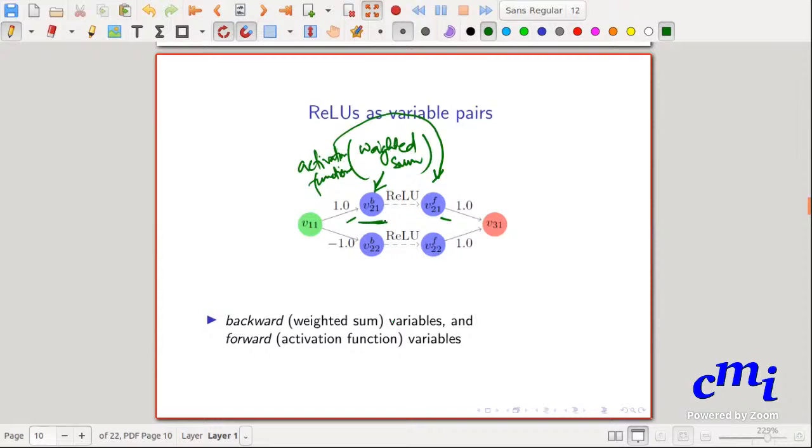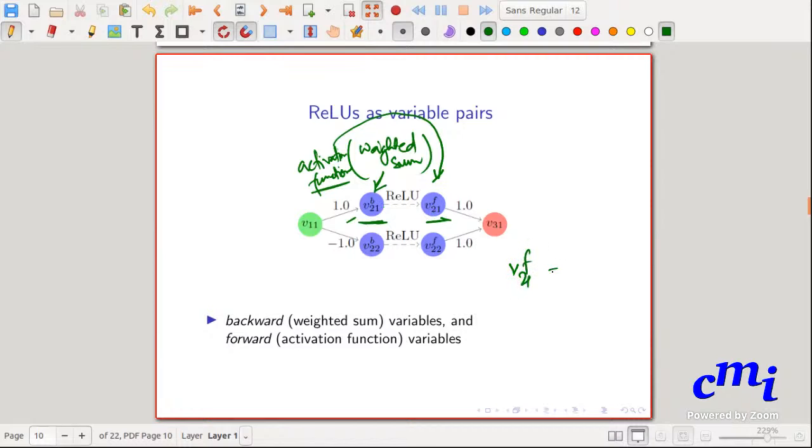Okay, so you imagine every neuron as a backward facing neuron and a forward facing neuron, and between the forward and backward facing neurons, of course, they are connected by the activation function. So between V21B and V21F, the relation is very simple.